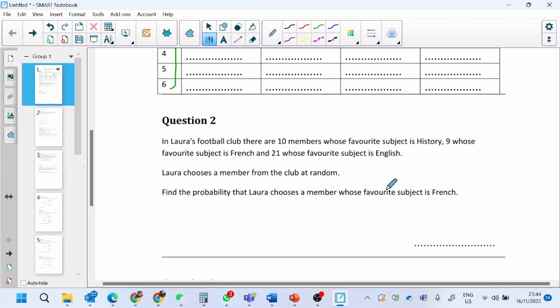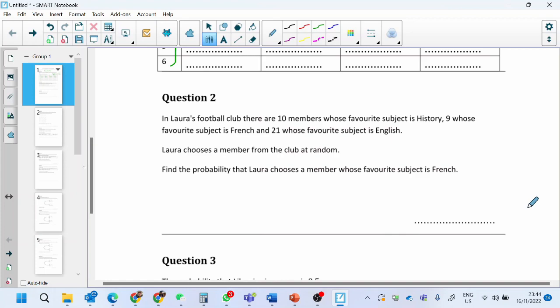In question number 2, it says that the football club has 10 members whose favorite subject is history, 9 members whose favorite subject is French, and 21 members whose favorite subject is English.